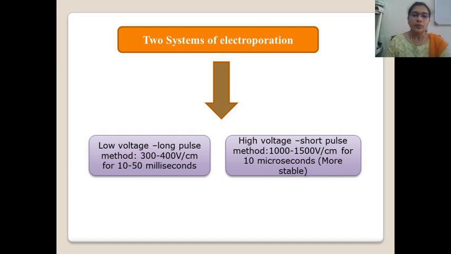Therefore, these electric pulses of intensity in volts per centimeter and of duration from milliseconds to microseconds cause a transient or temporary loss of semi-permeability of the membrane, thus leading to ion exchange, escape of molecular metabolites, intake of drugs, polar molecules, molecular markers or DNA by the cells.